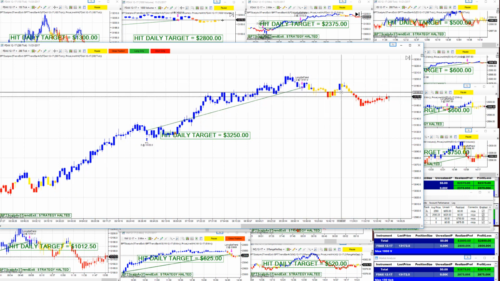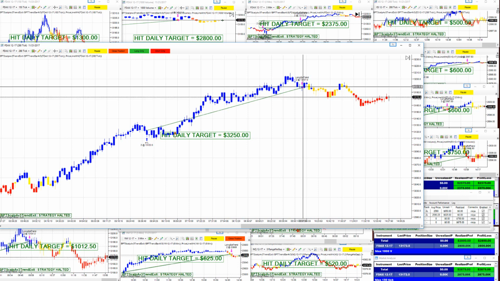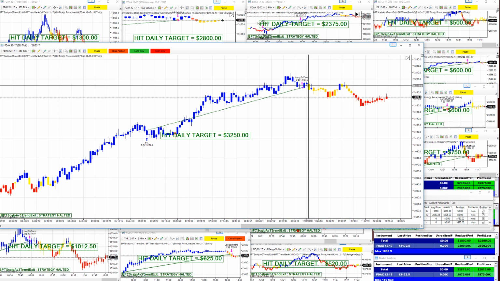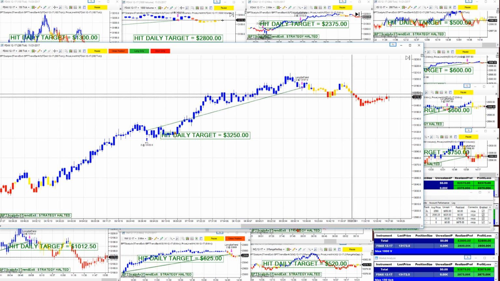This is based on a price line. And after we exited that trade, it was in neutral from 10:10 to actually 11:20.